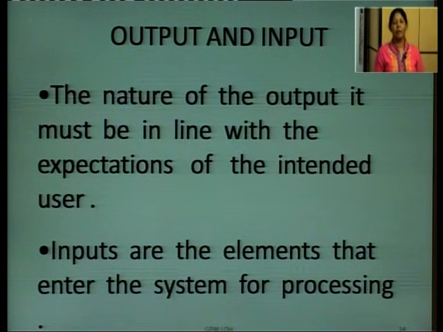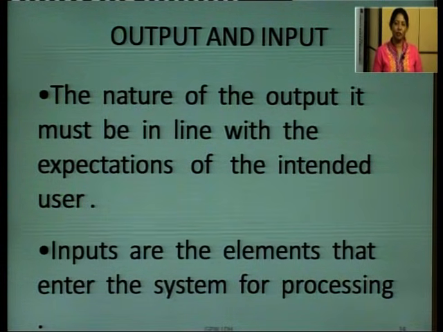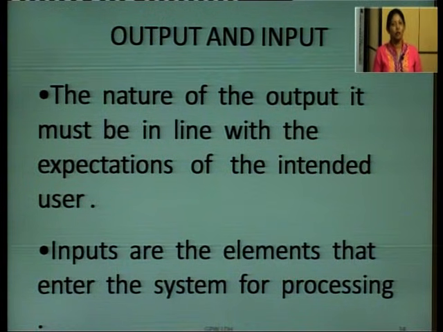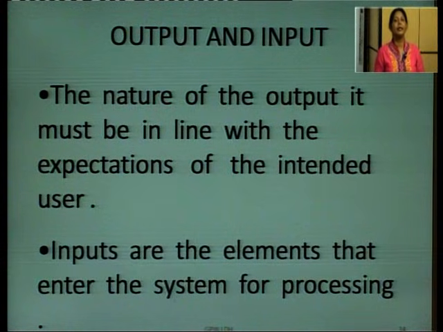The nature of the output must be in line with the expectations of the user.